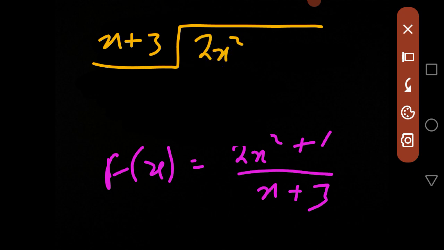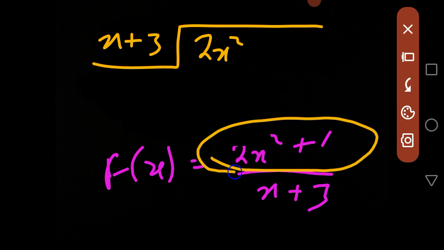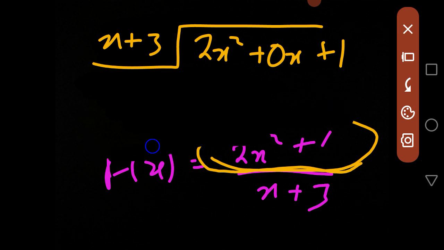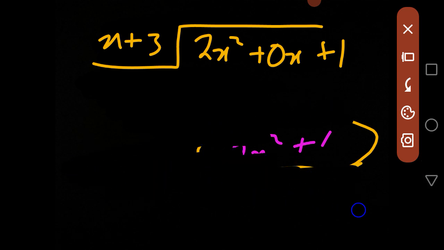But under long division, I would love to express the numerator in proper descending powers of x. So this is x power 2, so I must have an x to the power 1. But since it's not here, I can create it by simply saying 0x. And then I also have my 1, which is the x to the power 0, so I'm cool like that. So I'm going to start doing a long division as follows.